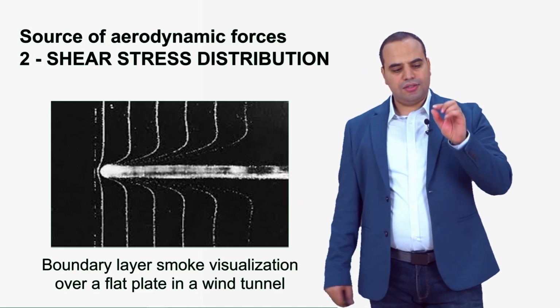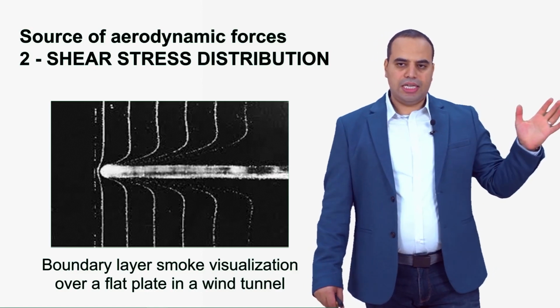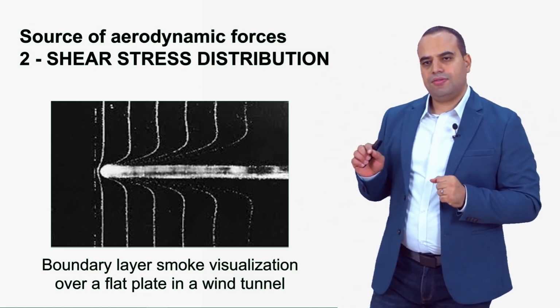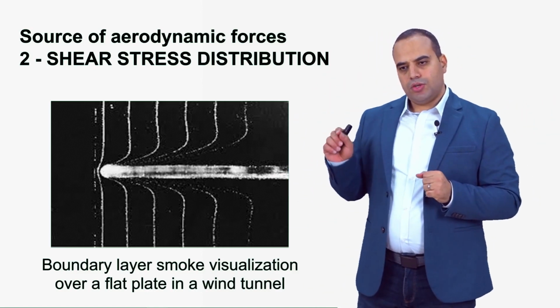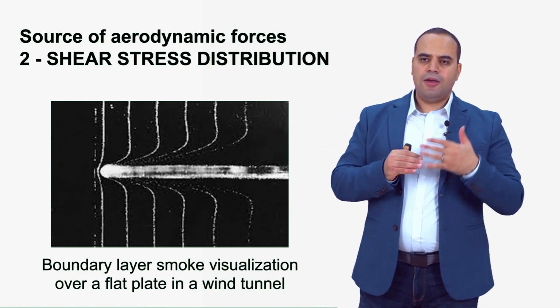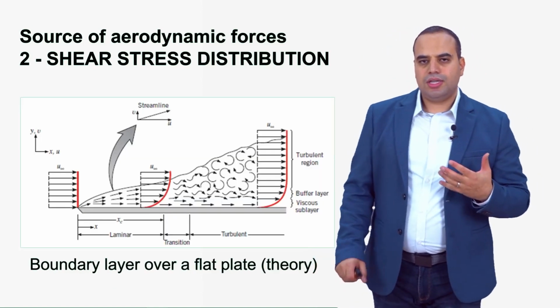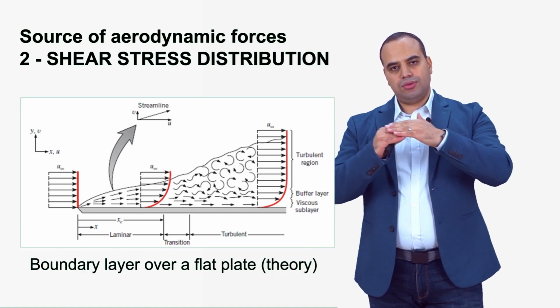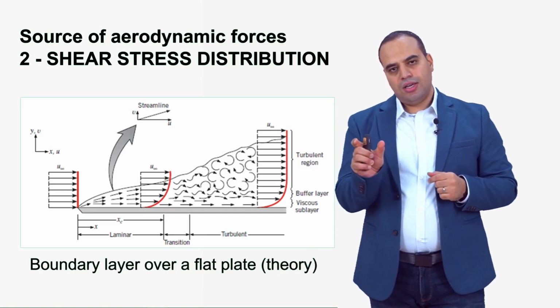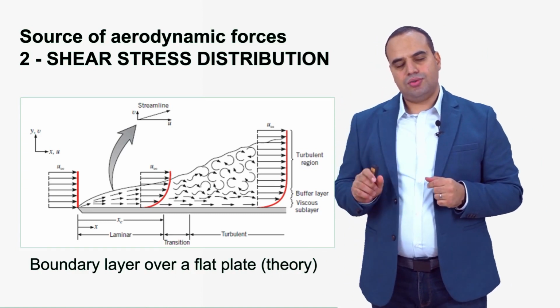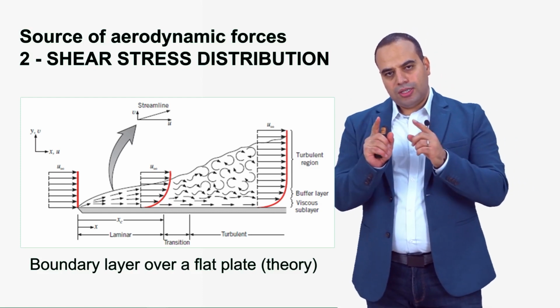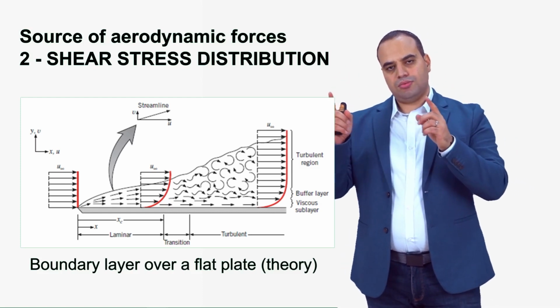So this plate is clearly very thin. When the gas moves, you can see that on the plate itself, the gas stops. That's what is visualized by the smoke. The smoke shows that the gas stops, and because it stops, the upper layers also lose energy. So as you can see, the vector just adjacent to the surface is a little bit smaller, and the upper vector is also a little bit smaller.